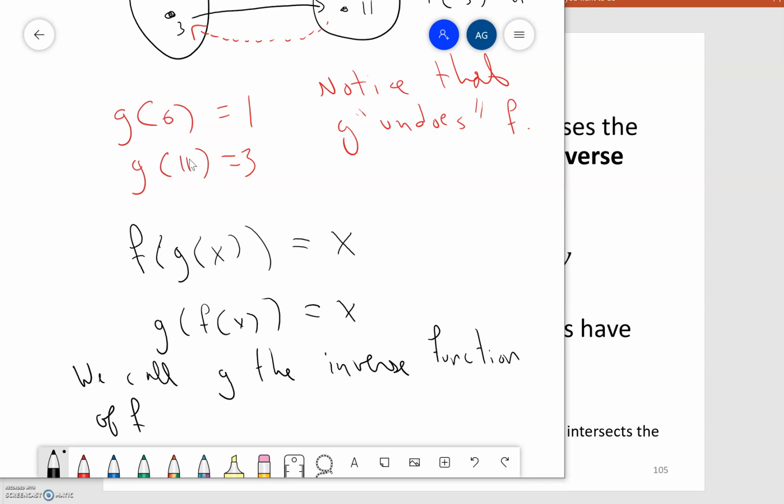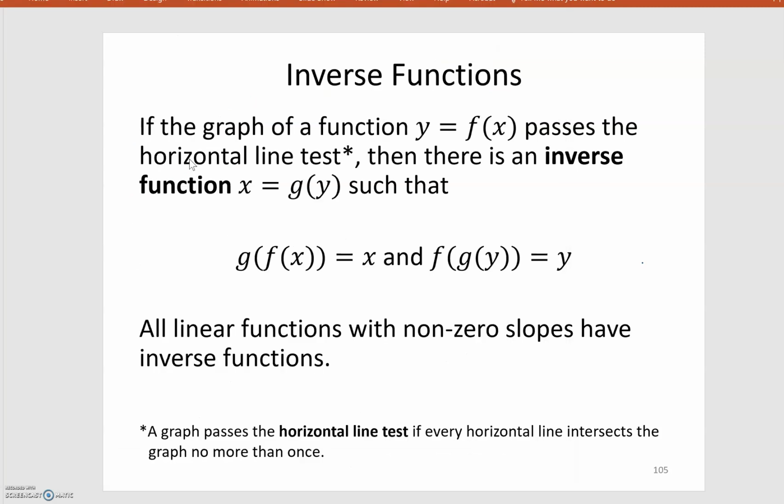And we give it a new name, or a new symbol, sorry. f with a -1, and that's not an exponent. That's meant to symbolize the inverse function. So instead of calling this g, we would actually call this f inverse of x. Okay. Now going back to this slide.